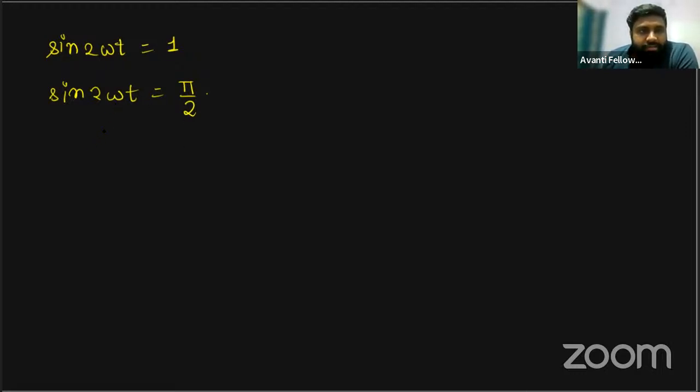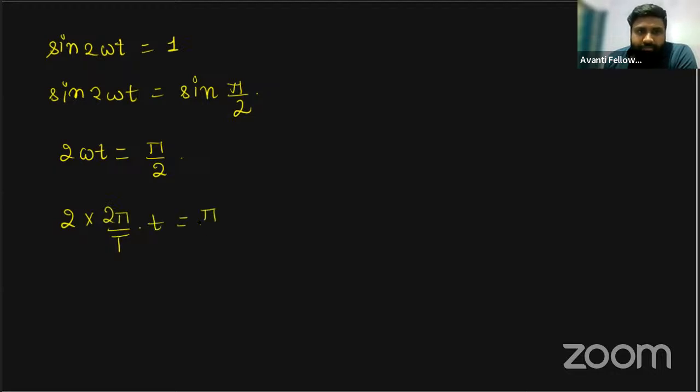Now 2 omega t equals pi by 2. Now omega you can write as 2 pi by capital T, into small t, equals pi by 2. Pi and pi will cancel out each other. This will become small t here is 2 to the 4, and this 4 will multiply this 2, so it will become T by 8.